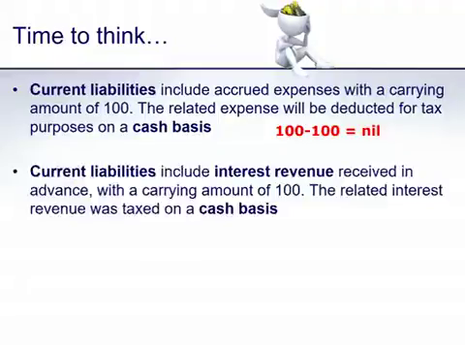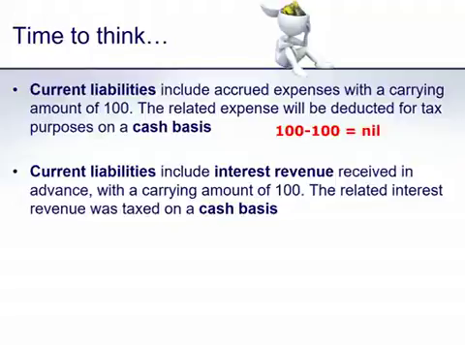In our next example, we have current liabilities that include interest revenue received in advance with a carrying amount of 100. The related interest revenue was taxed on a cash basis. In other words, we already paid tax when we received the money.